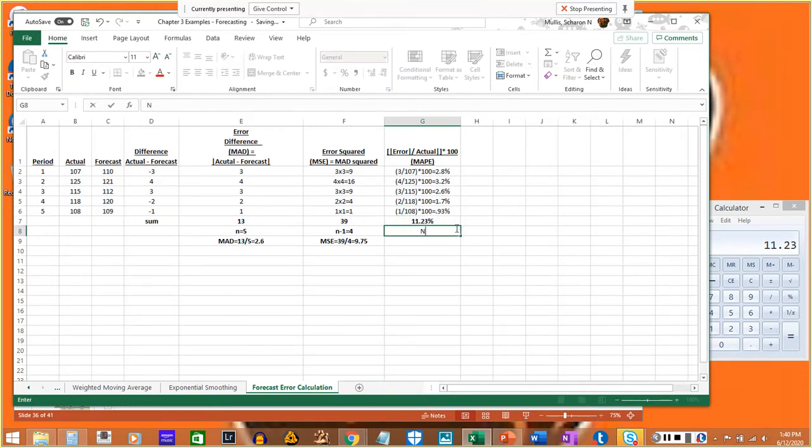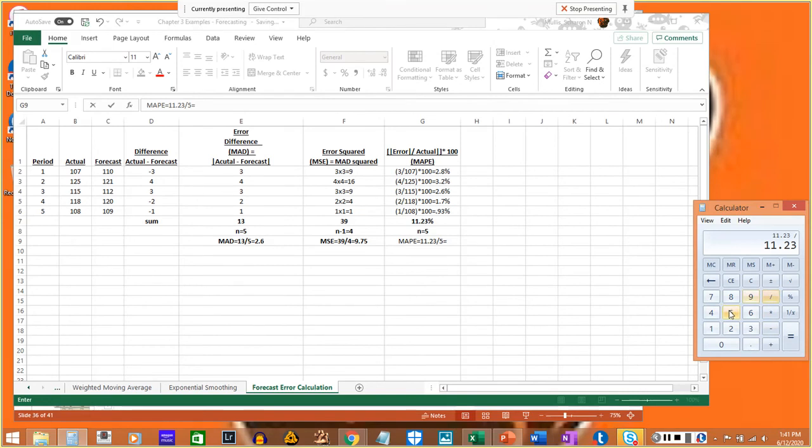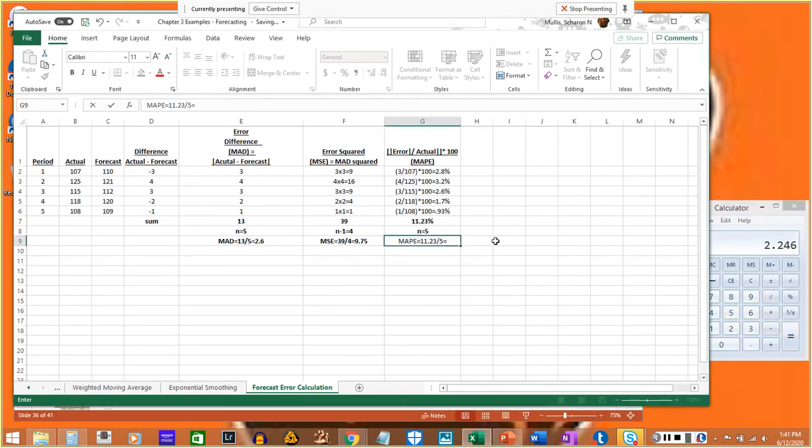And then you would divide 11.23 by 5, and that should give you 2.25 if we round it up.